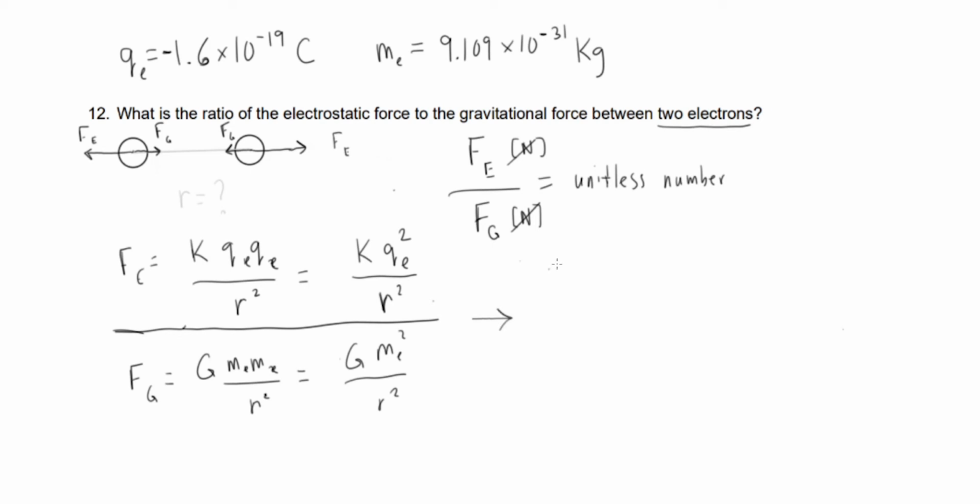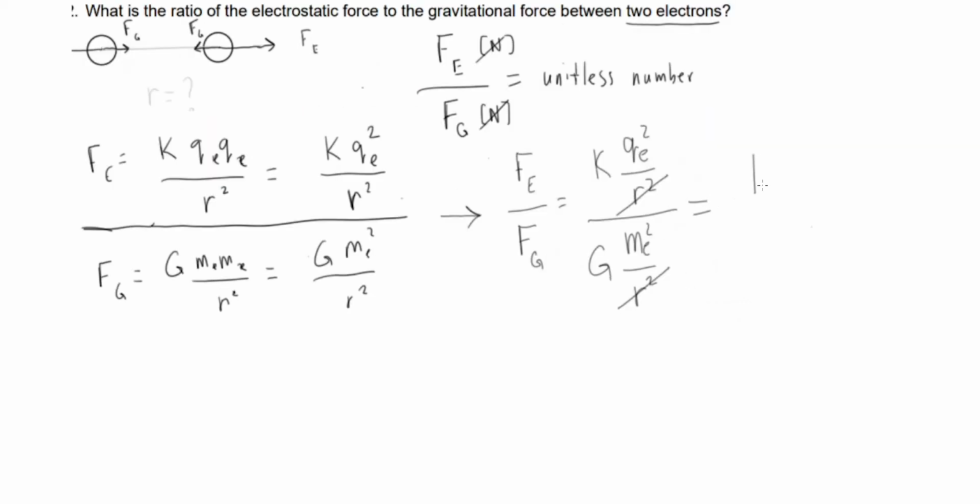The electric force divided by the gravitational force is going to be K Q_E squared over R squared, all over big G M_E squared over R squared also. Now notice something. We have R squared in the bottom in both cases. Now they do cancel out, so you get K Q_E squared over big G M_E squared.